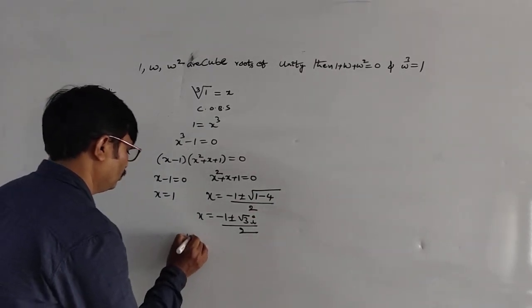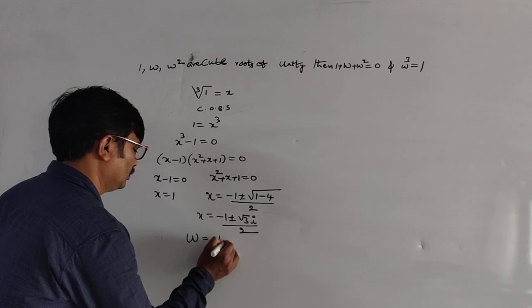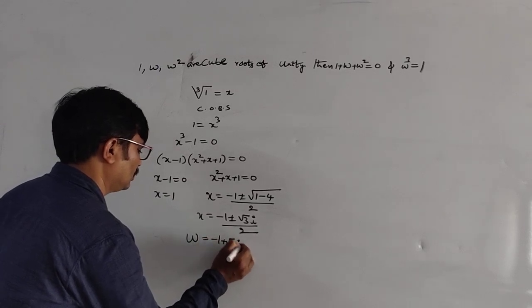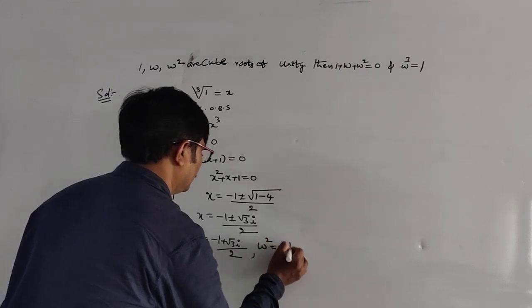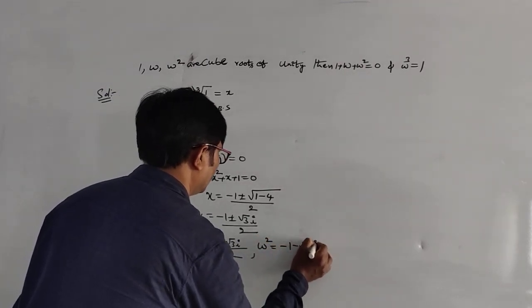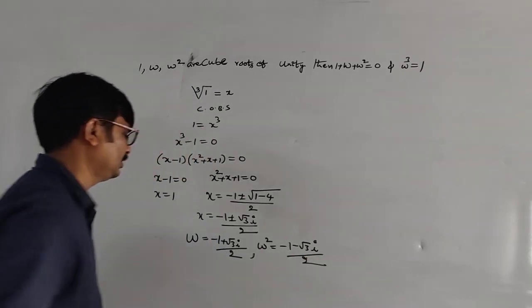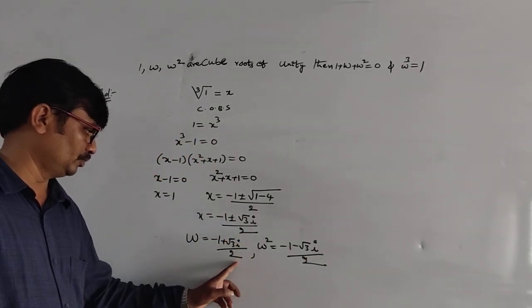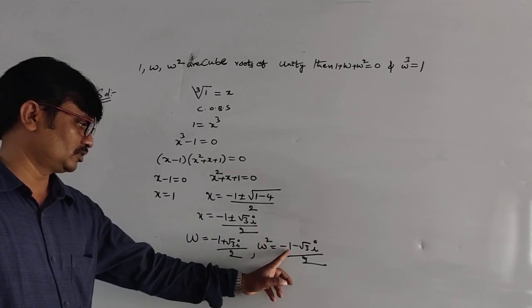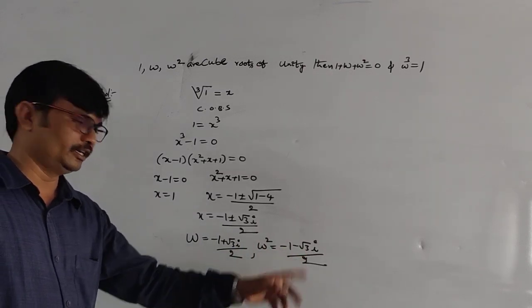So students, omega equal to minus 1 plus root 3i by 2, and omega square is minus 1 minus root 3i by 2.